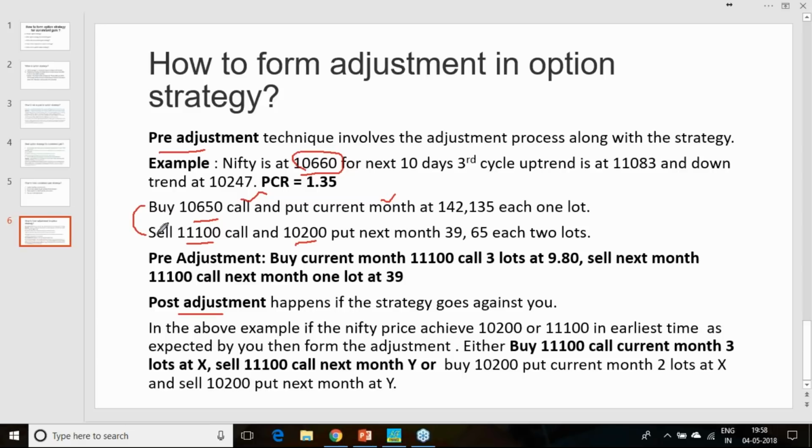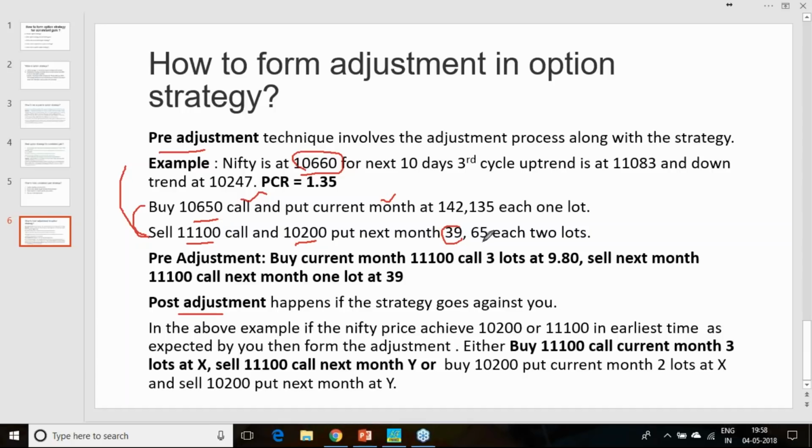Though it is a consistent gain strategy, once the price suddenly moves above 11,100, I will make a loss. Here I got 39 points of premium, so my losses will start from 11,139. Above that, my losses will start accumulating.